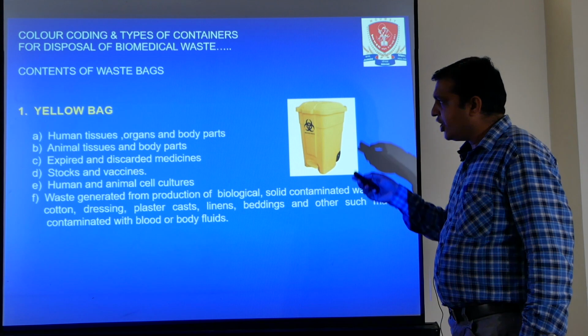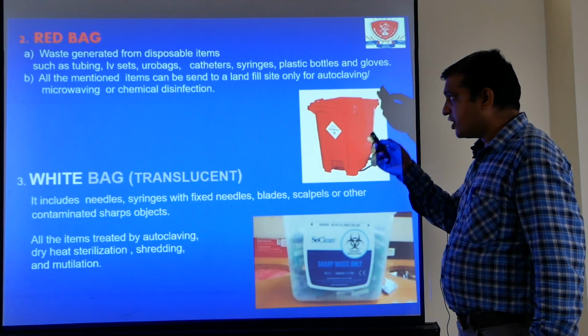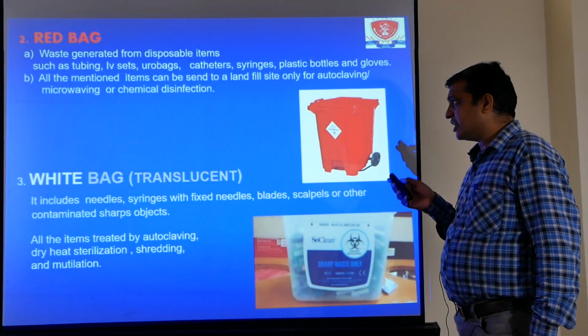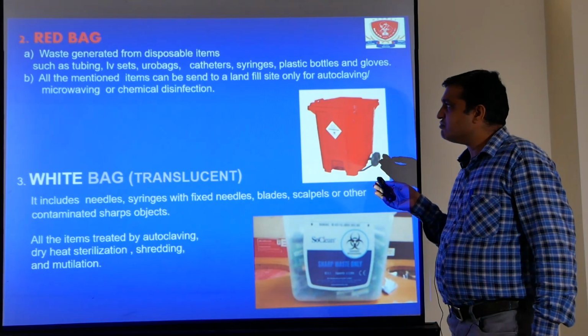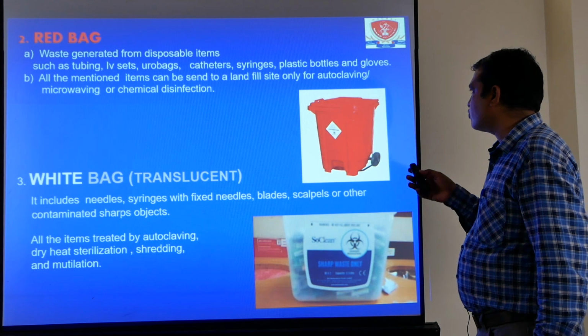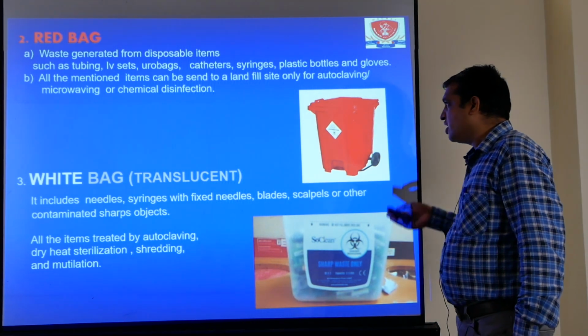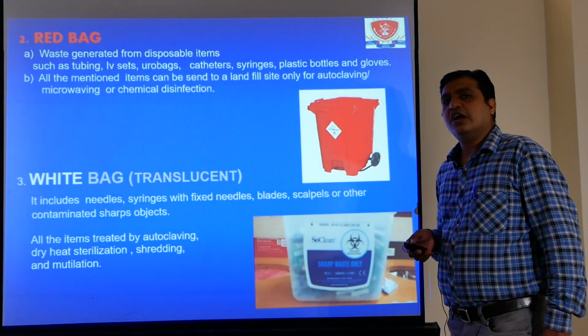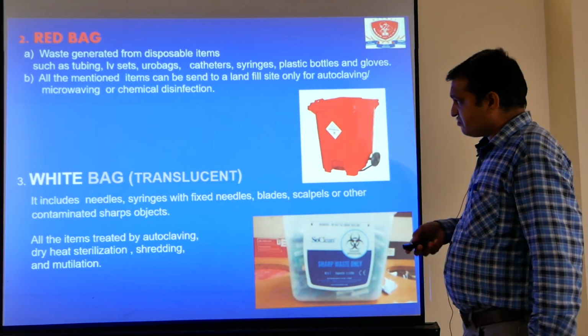Second, the red bag: waste generated from disposable items such as tubing, IV sets, urobags, catheters, syringes, plastic bottles, and gloves. All plastic materials go into the red bag.